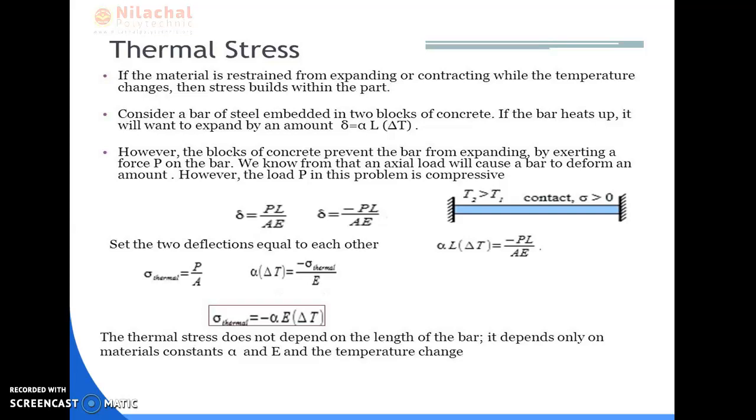But if you fix the two ends of the bar, the free expansion of the bar is prevented, and during this time stress is induced, and that is known as thermal stress.